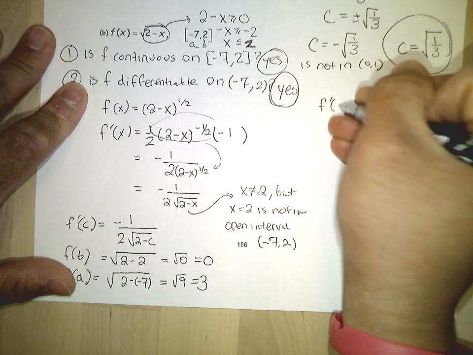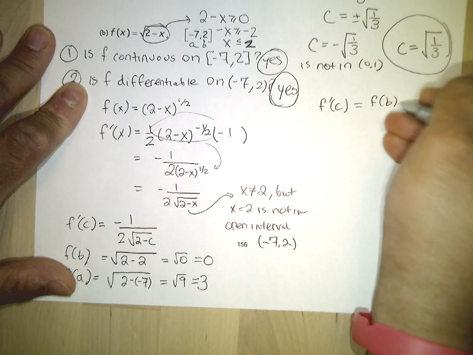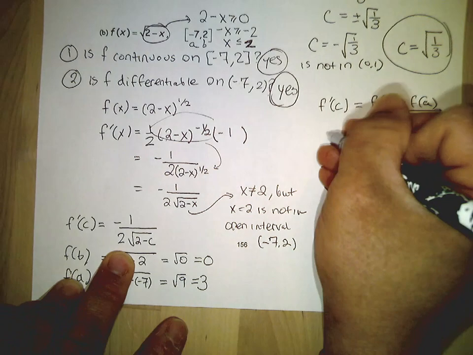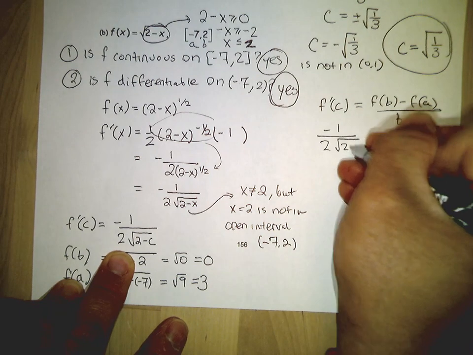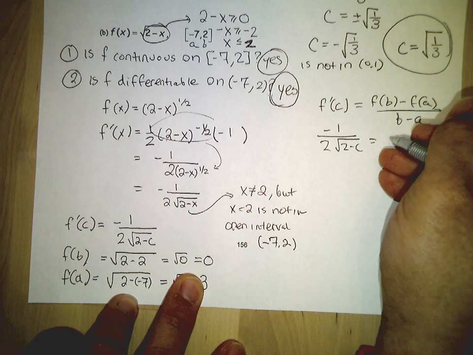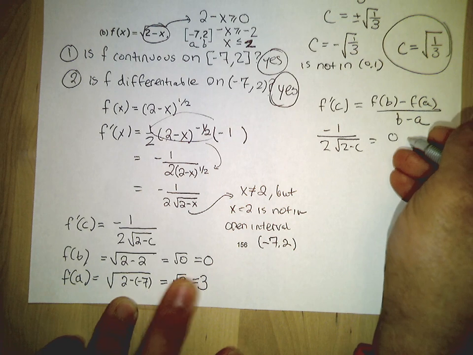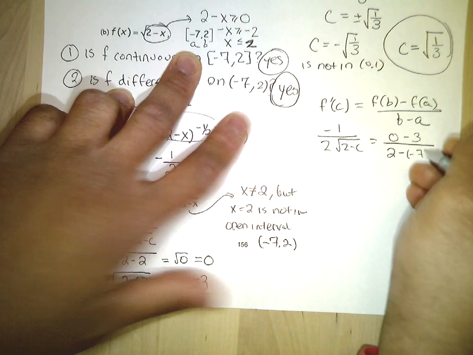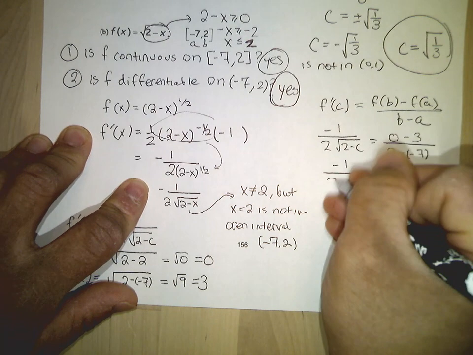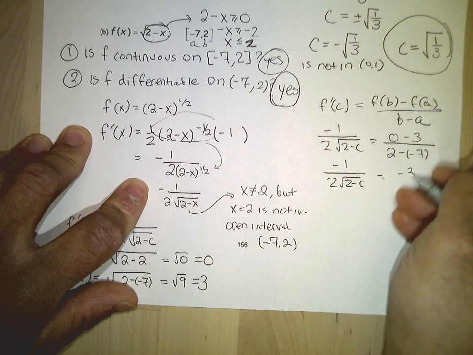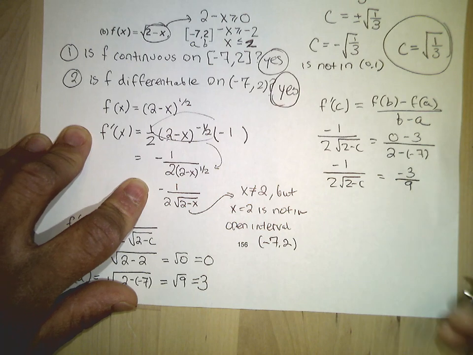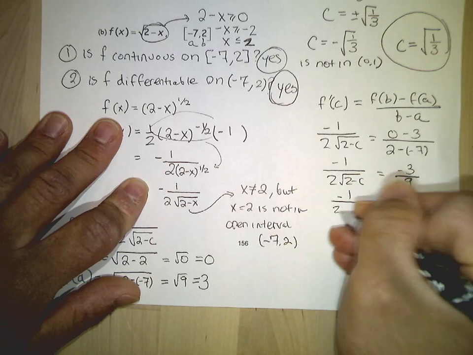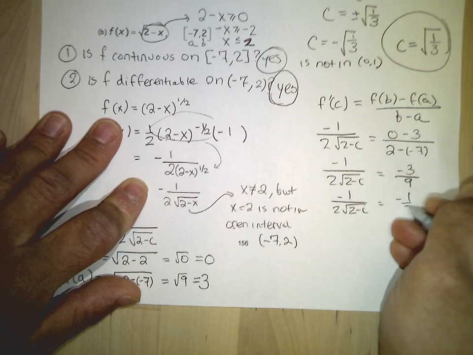The f prime of c is f of b minus f of a all over b minus a. So f prime of c was -1 over 2 square root of 2 minus c. F of b was 0. F of a was 3. B was 2. A was -7. So I have -1 over 2 square root of 2 minus c is -3 over, let's see, 9. And you can reduce this fraction first if you would like. So why don't we do that? -1 over 2 square root of 2 minus c is -1 over 3.